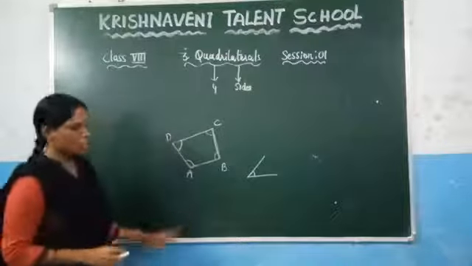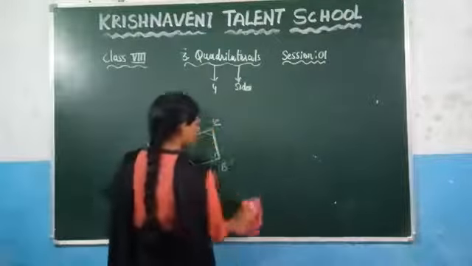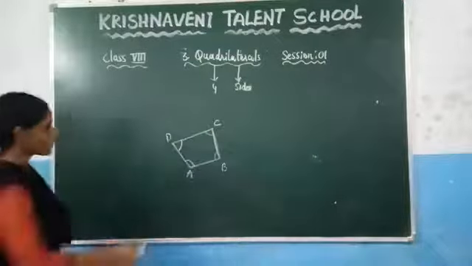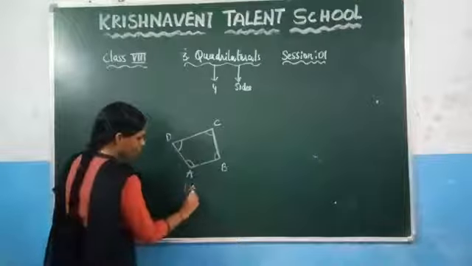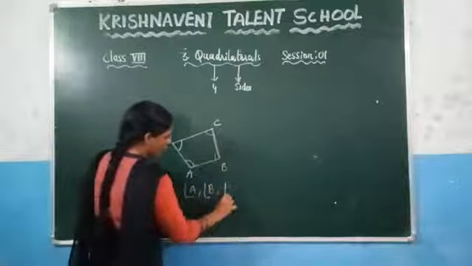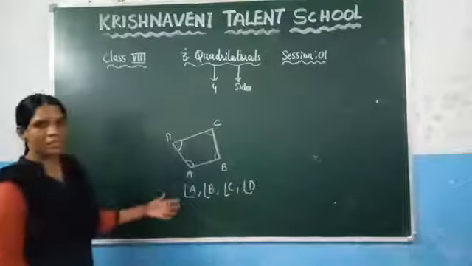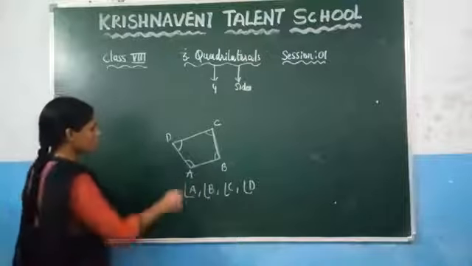So how many angles are there in a quadrilateral? There are 4 angles. What are those? Angle A, angle B, angle C and angle D; you can represent an angle by the symbol. We can write this angle A in two other ways.